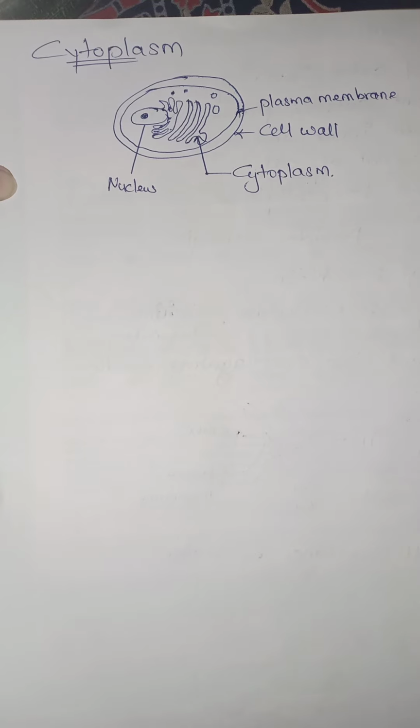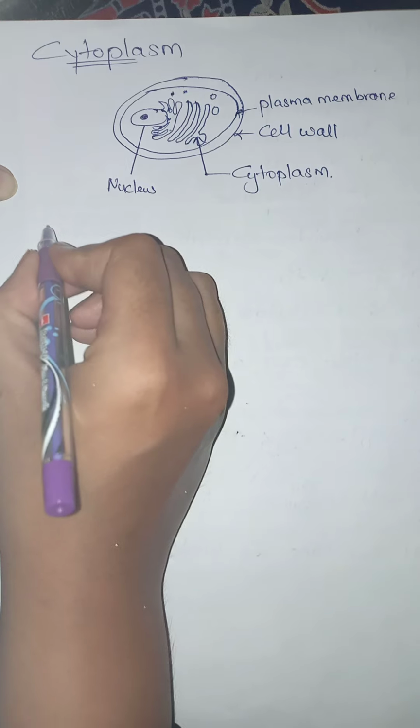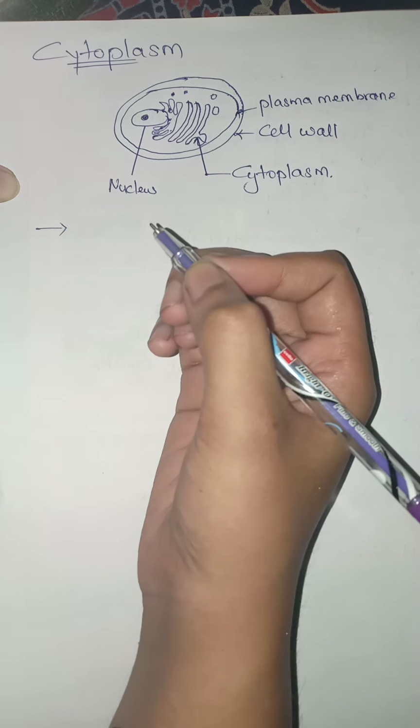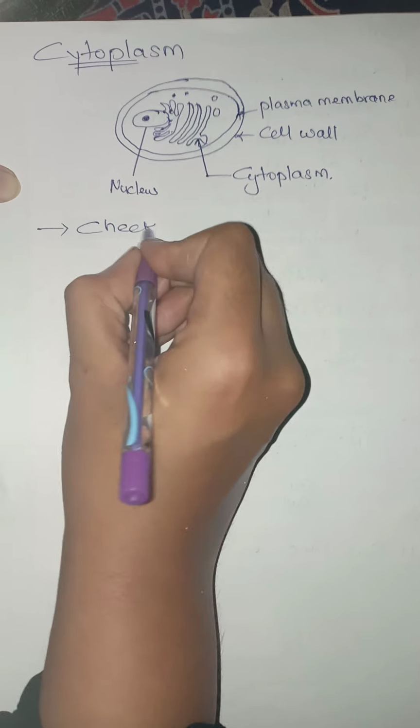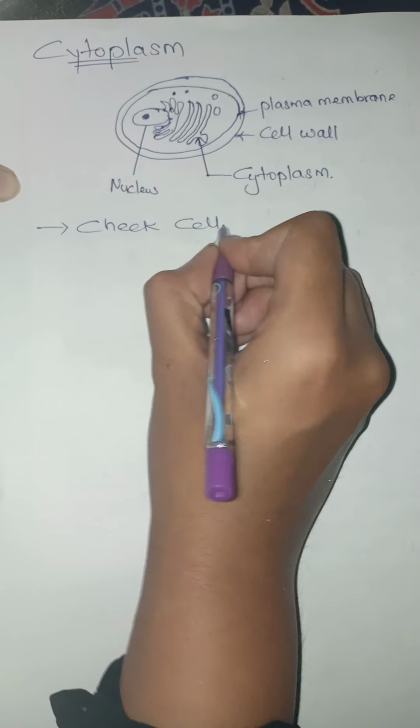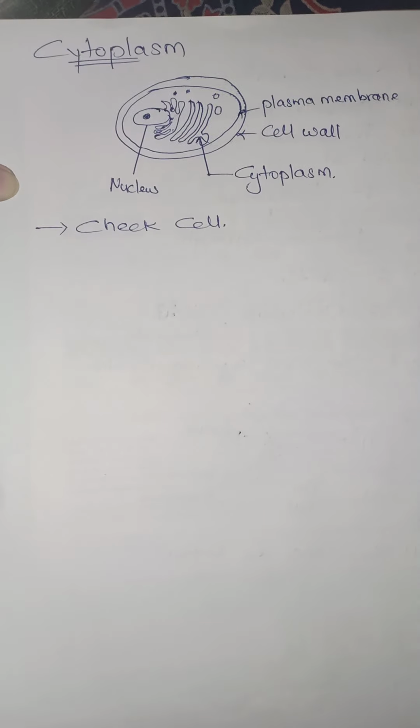So how can you see the cytoplasm? If you want to see the cytoplasm, you can use the cheek cell. When we open our mouth, we can scrape the interior part of our cheeks and get that skin.